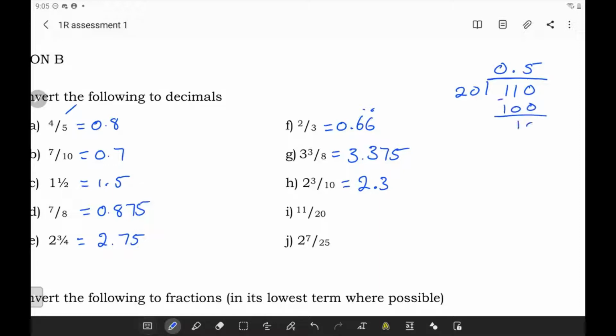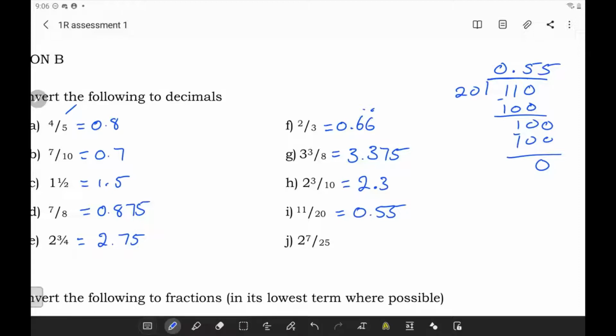Subtract, you get 10. Put 0, 100. 20 into 100 is now 5. So that is the answer, 0.55. Because we are finished, we get a remainder of 0. So this is 0.55.